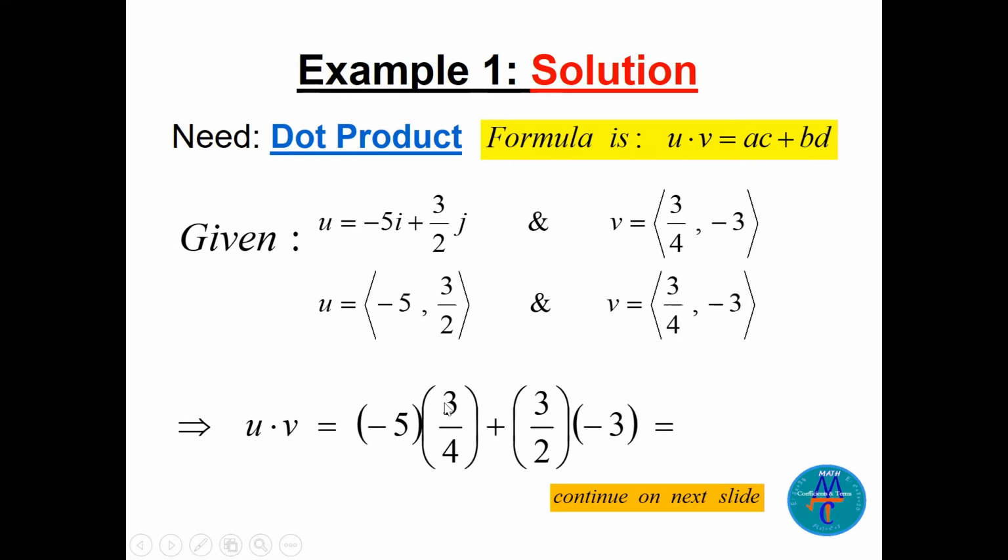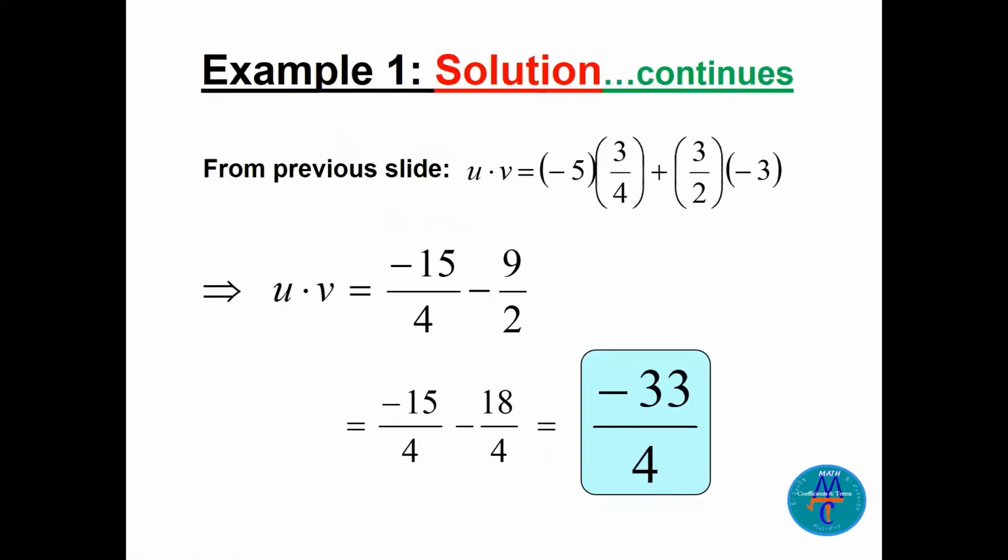So this is -5 times 3/4 plus 3/2 times -3. Just simplify the numbers and see the answer on the next slide. So that will be -15/4 - 9/2. The LCD is 4, so it will be -33/4, the dot product.